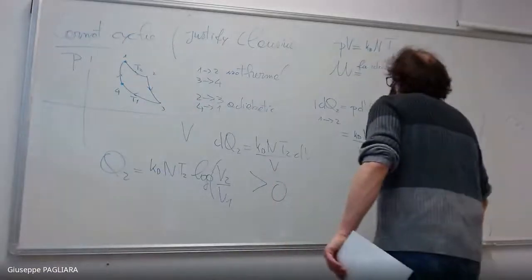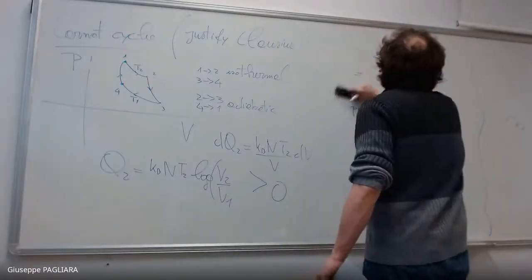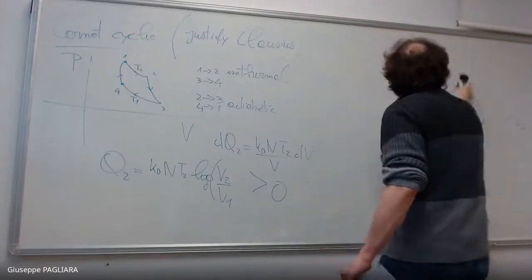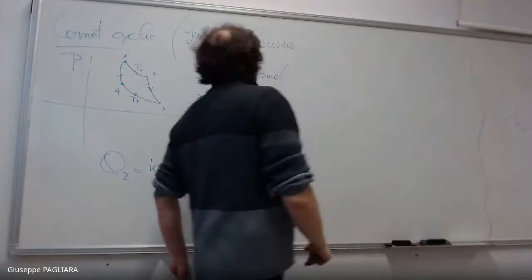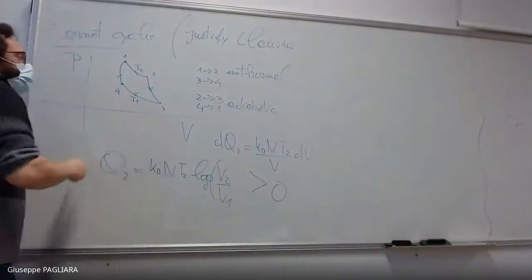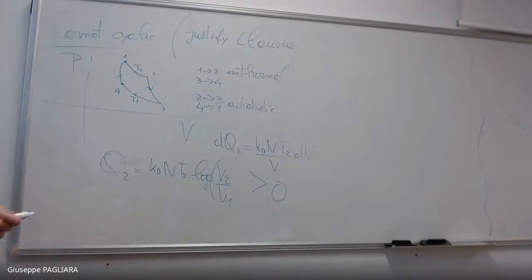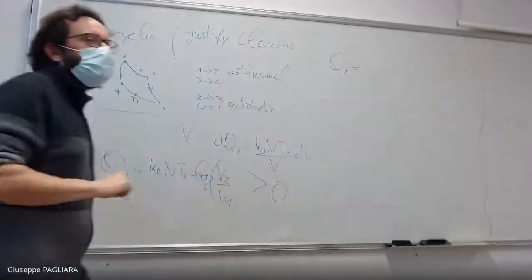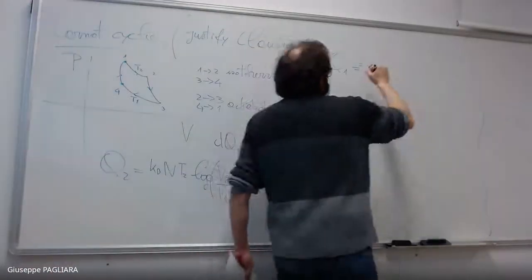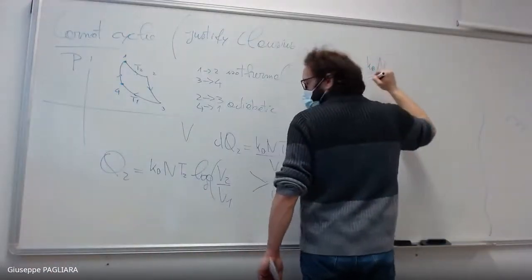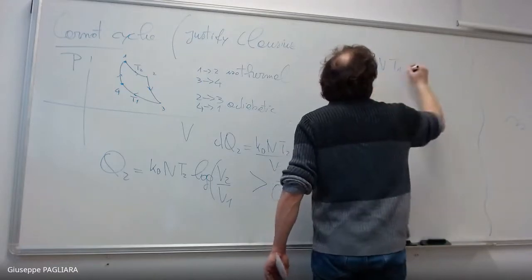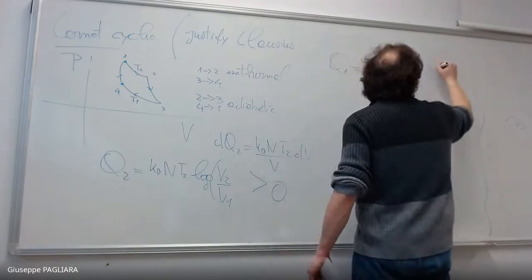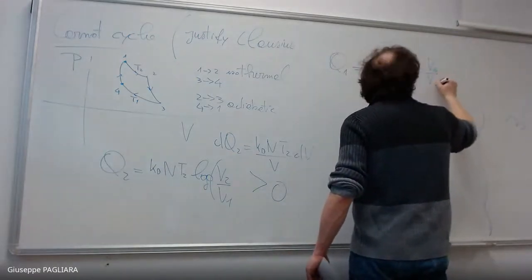Now one can compute similarly, the calculations are basically just the same, the heat that is released from my engine and is provided to the source at temperature T1. So Q1 is KB n T1, and then I have the log of V4 divided by V3.